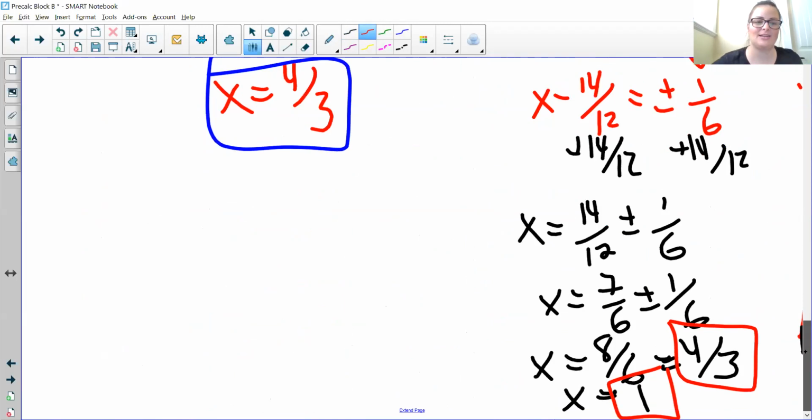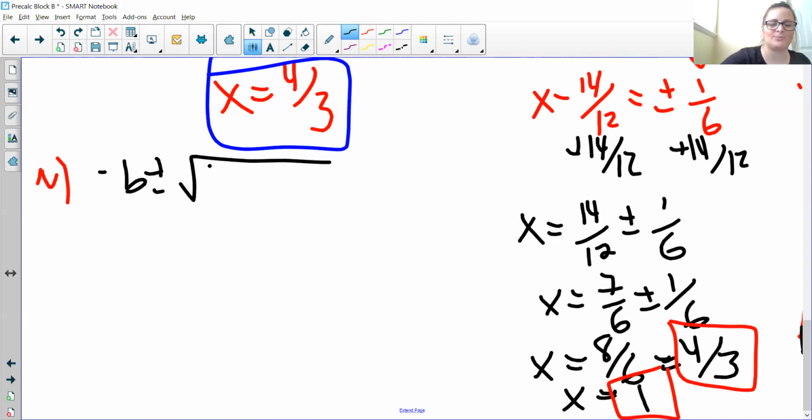Now the last method, method 4, is the quadratic formula. So negative b plus or minus the square root of b squared minus 4ac, over 2a.